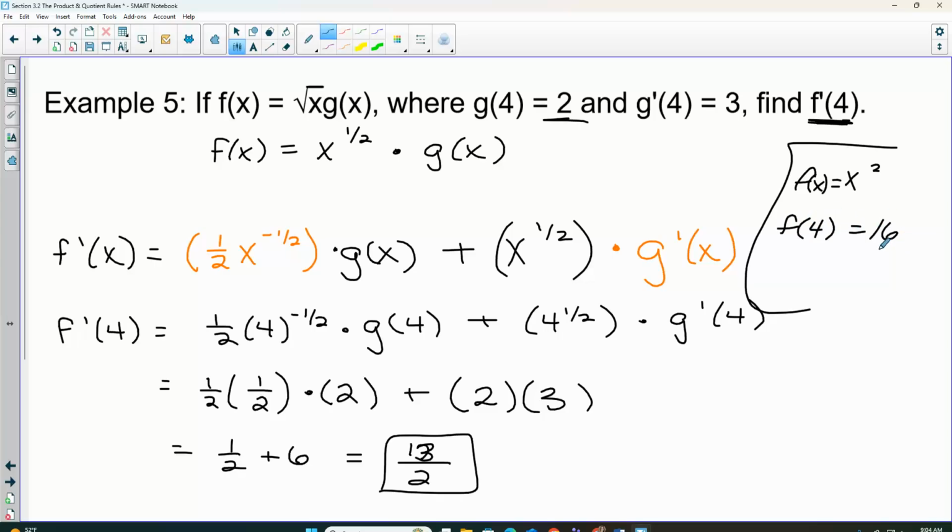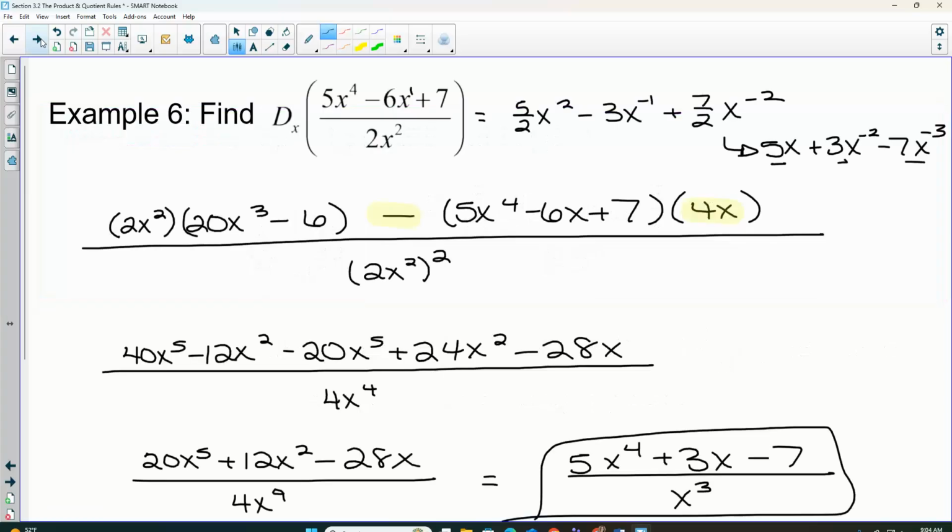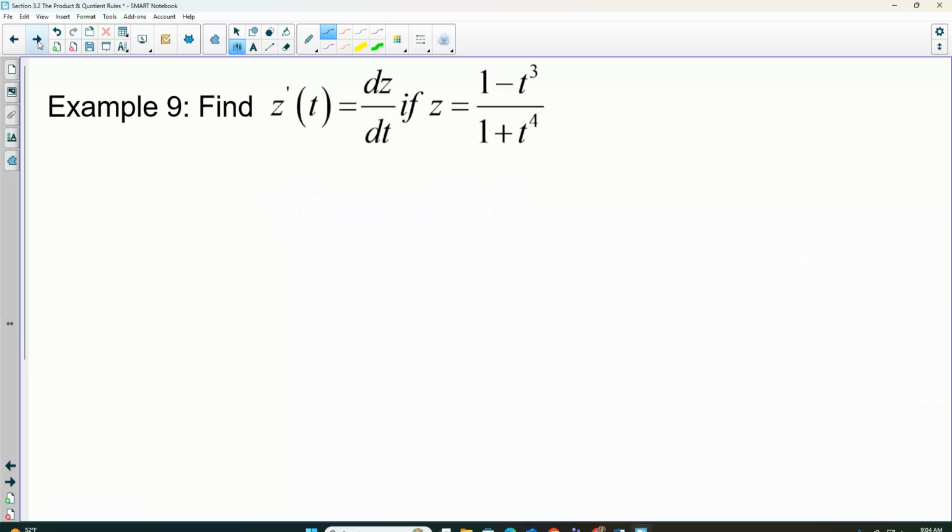What's the derivative of 16? 0. If you plug in your number first, you get a constant, and the derivative is always 0. So you have to do the derivative first, get that equation, and then plug in your number. So never plug in the numbers until the end.